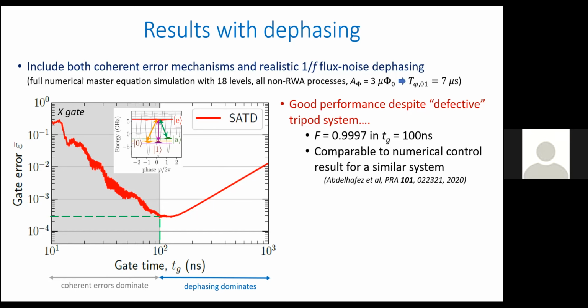I was just looking at the ratio of your gate time to the dephasing time, and it's surprising that you could get such a high fidelity in that case. So here it is 7 microseconds, and here it is 100 nanoseconds. So in principle, the ratio is still very small. All right, thank you.